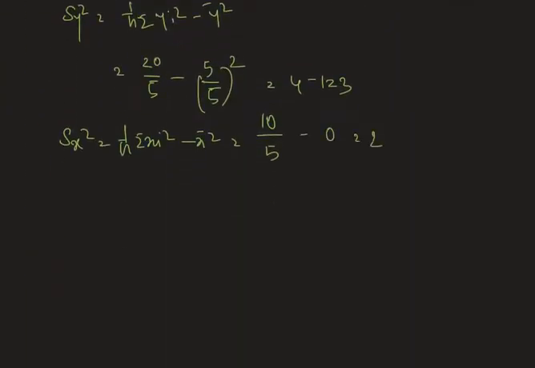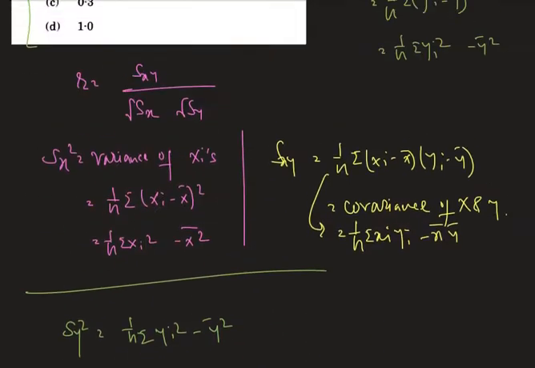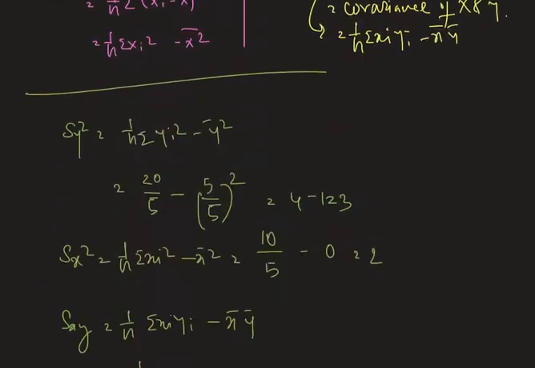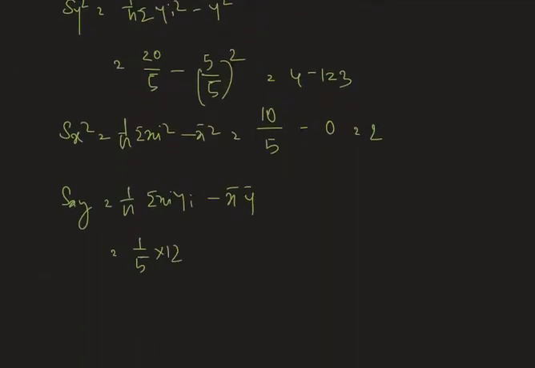Therefore this results in 2. sxy is equal to 1 by n sum over xi yi minus x bar y bar. 1 by n means 1 by 5. Sum over xi yi is 12. The value of x bar is 0, therefore this portion results in 0. So the value of sxy is 12 by 5.